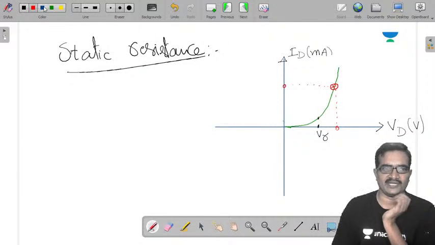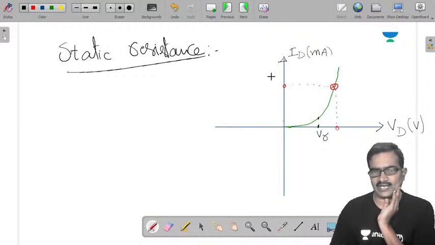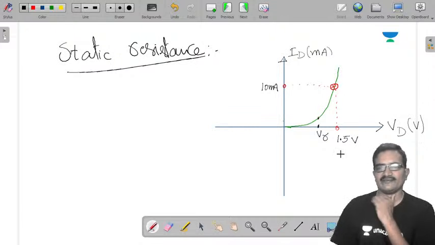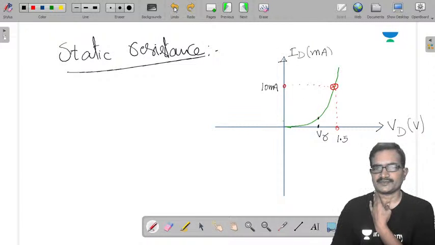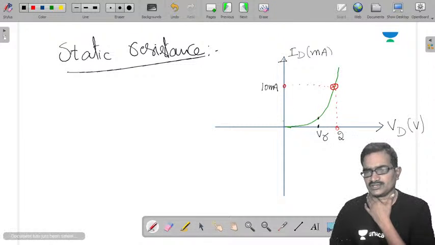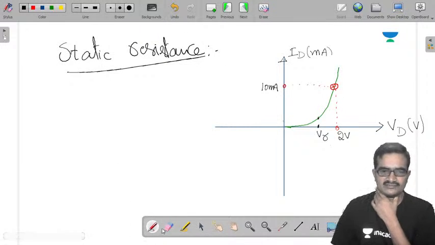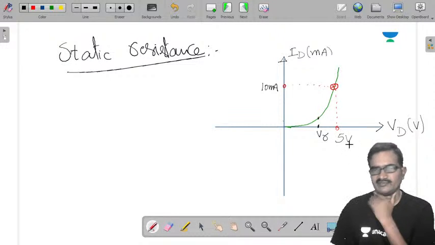Let us assume at this point the diode current is 10 milliamps, and the applied voltage, let us take 5 volts for easy simplification.